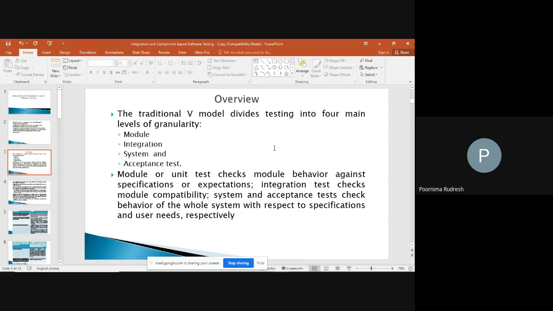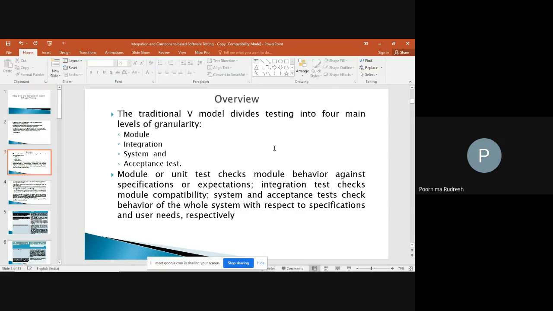Then the integration test checks module compatibility, whereas the system and acceptance tests check the behavior of the whole system with respect to the specifications and user needs. Understood? So here we have four different types of testing: module testing, integration testing, system testing, and acceptance testing.